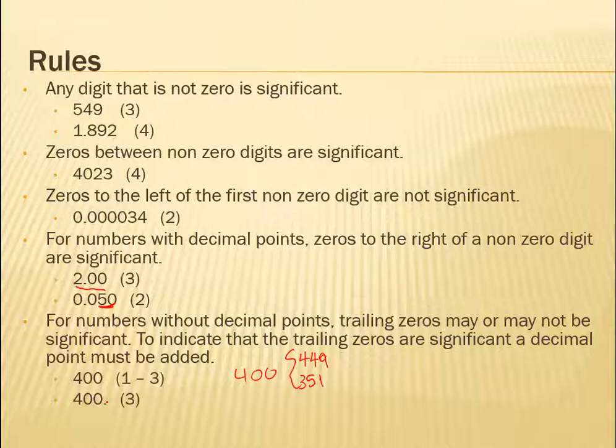Whereas here, I know it doesn't seem to make a huge difference, but it does, because if I'm saying 400 period, I'm telling you I mean this, and now the precision I have is this could be 400.4 or 399.6 or something.